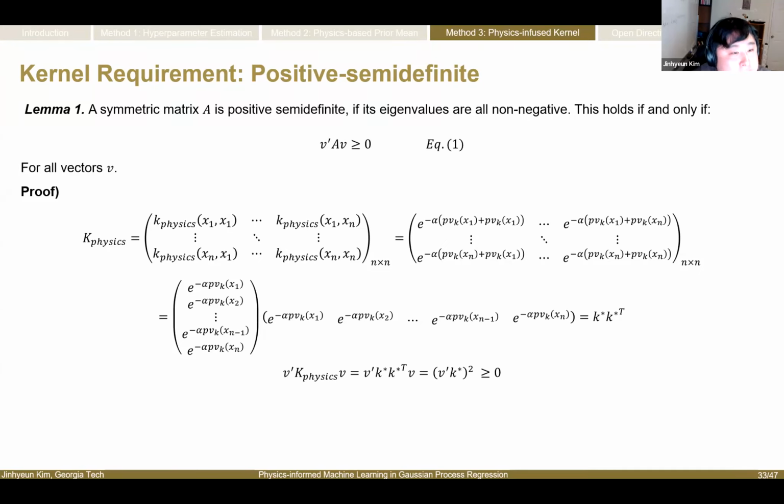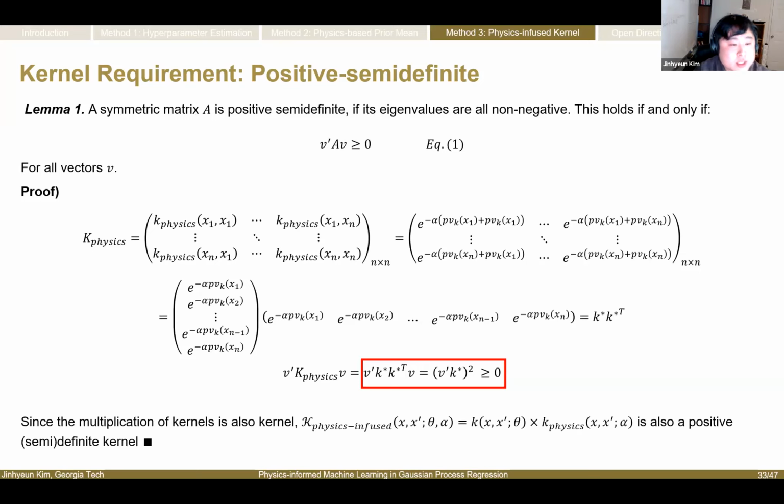If we embed this K-physics into equation 1, we can see that it can be reformulated as a square of the sum function, so it is a non-negative value. So it meets the positive semi-definite condition. It is a positive semi-definite matrix. Since the multiplication of kernels is also a kernel, the physics-infused kernel, which is the multiplication of the data kernel with the physics kernel, is also a positive semi-definite kernel.